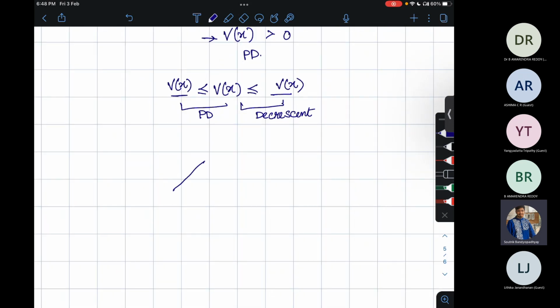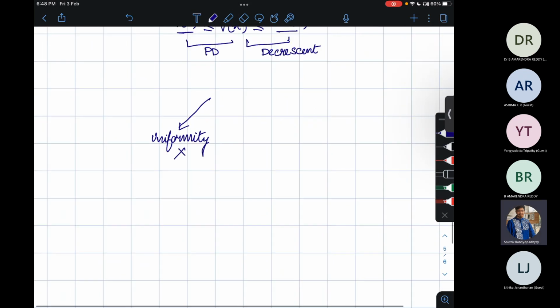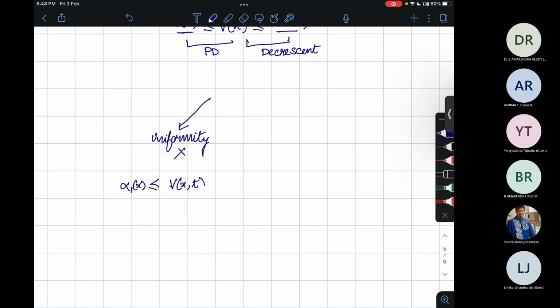So if you don't want to show uniformity, then you just have to show that there exists a function alpha 1 which is less than v of x, t. But if you want to make your result a bit better, uniformity, then you have to show that there exists a Lyapunov function.